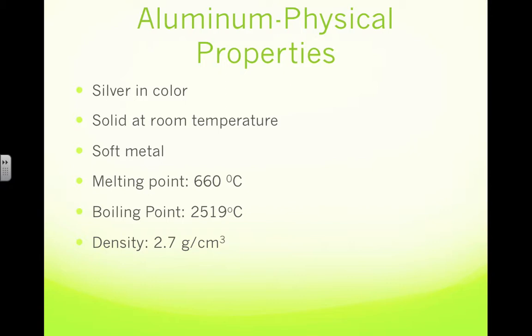That melting point at 660 degrees Celsius is quantitative. And its boiling point at 2,519 degrees Celsius is also a quantitative measurement or property. And its density of 2.7 grams per centimeter cubed is also a quantitative measurement.